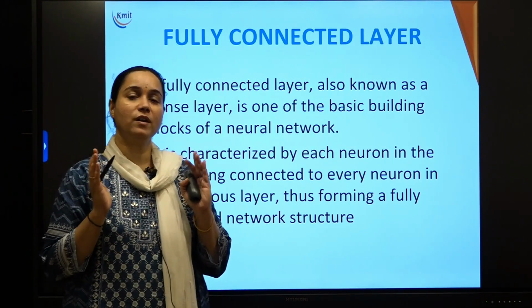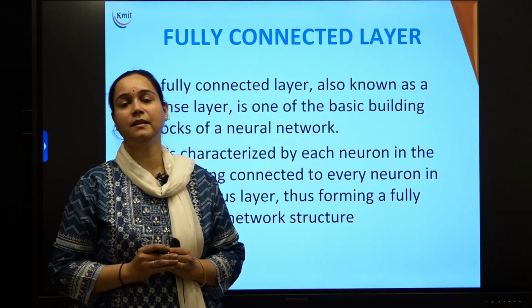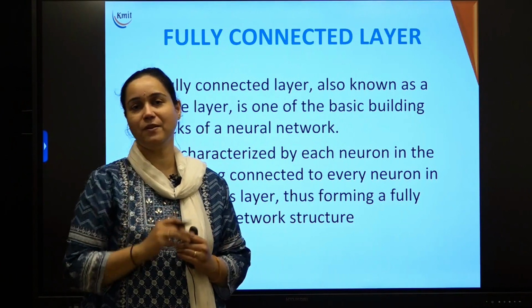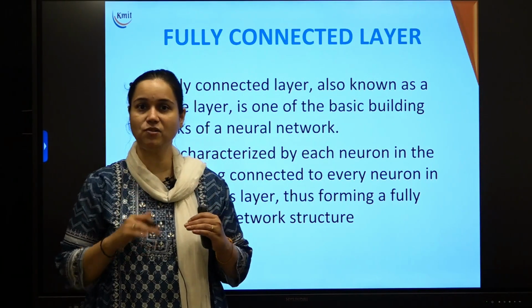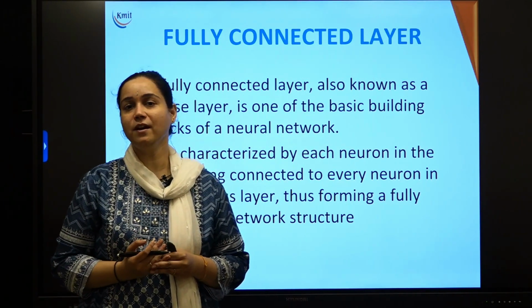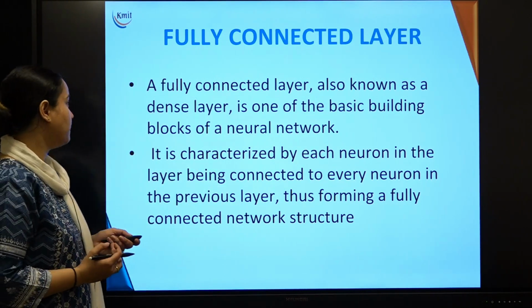So whatever number of neurons that are present in a layer, they are all connected to every other neuron present in the previous layer. So when you have that full connections of these neurons, you create a dense layer, which we call a fully connected layer, right?